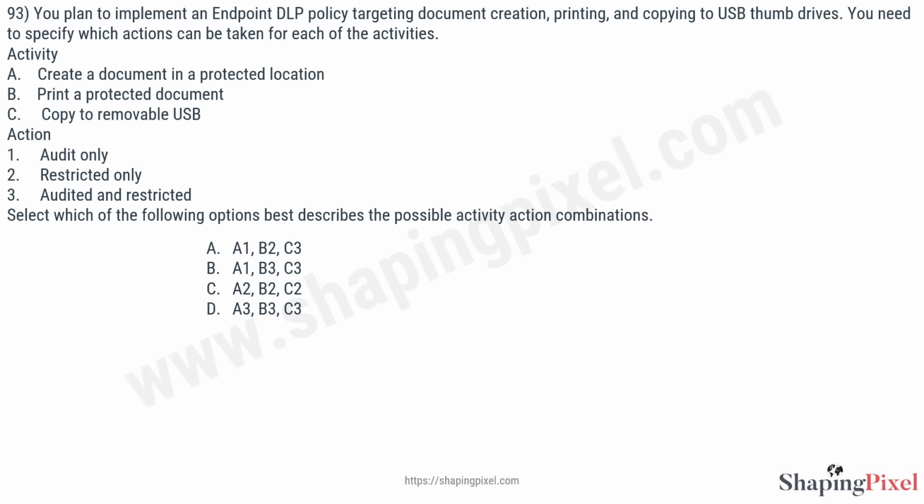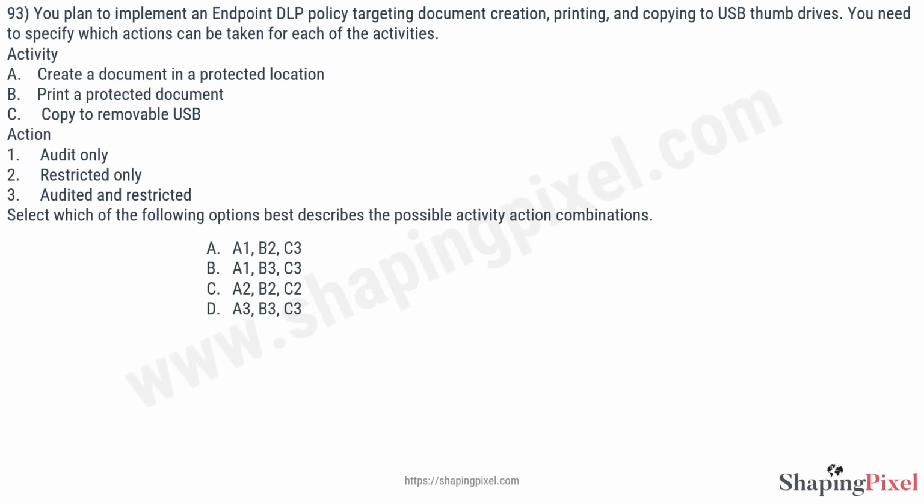Question number 93. You plan to implement an endpoint DLP policy targeting document creation, printing, and copying to USB thumb drives. You need to specify which actions can be taken for each of the activities. Activity A, create a document in a protected location. B, print a protected document. C, copy to removable USB.